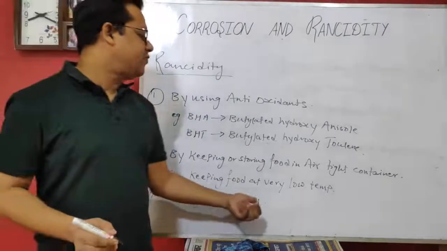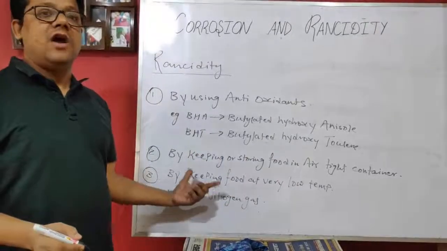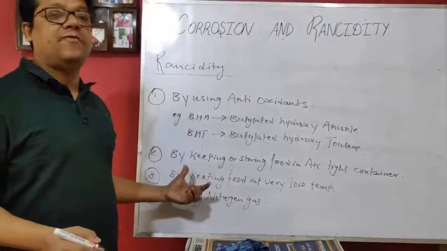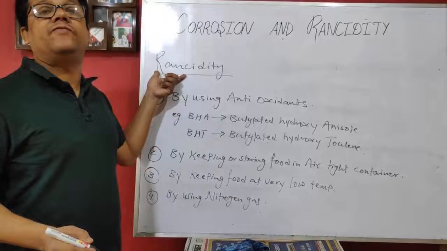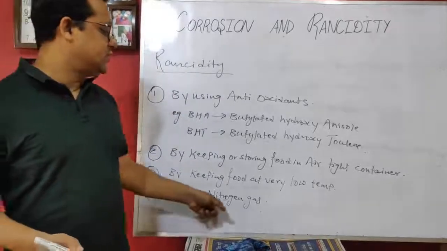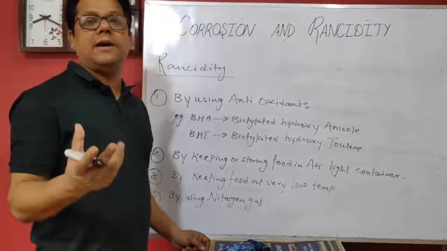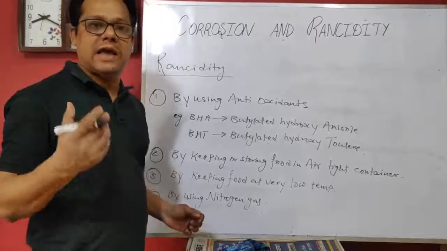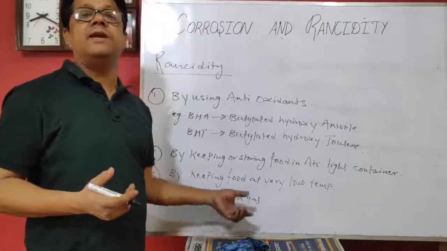Third is by keeping food at a very low temperature. When you use a refrigerator or fridge for keeping food at a very low temperature, it protects the food from getting rancid. And fourth is by using nitrogen gas. For example, you might have seen packets of chips which contain nitrogen gas and protect that food from getting rancid.